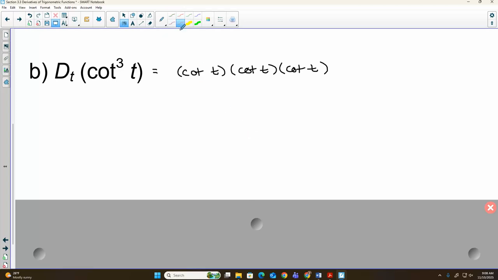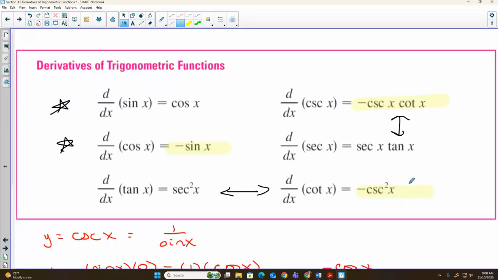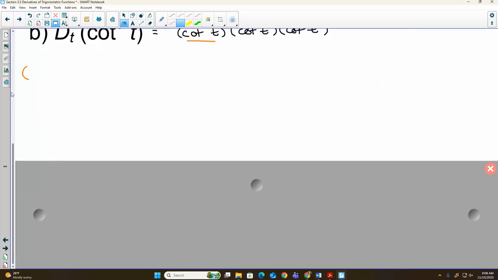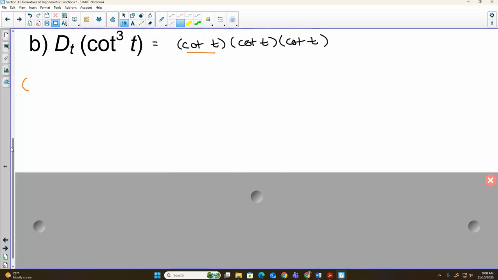So first, what is the derivative of cotangent? That's not one I proved, but we certainly could. Looking back, it is negative cosecant squared x, which in this case our variable is t. The other two would stay the same.